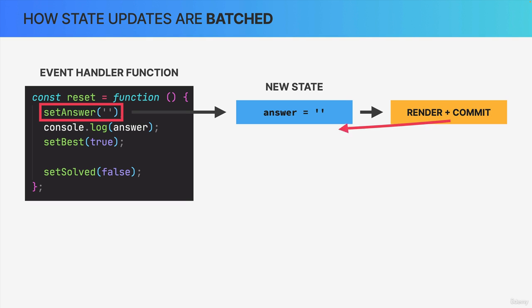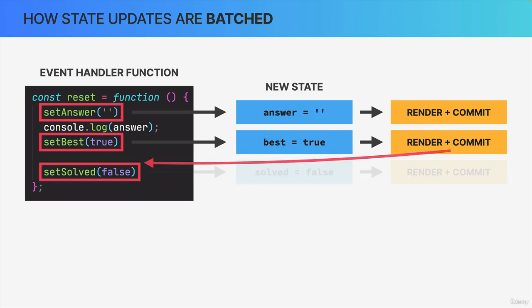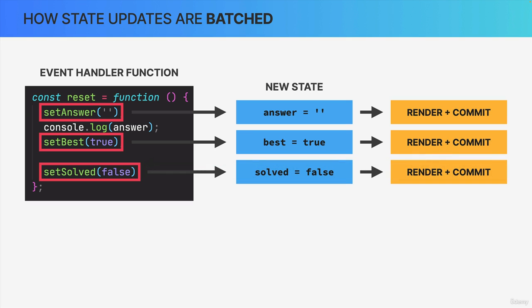Then it would move on to the next line and do the same thing again. And finally, do the entire thing one more time for the third state update. So intuitively, we would think that if there are three state variables being updated in this event handler, then React would re-render 3 times, right?